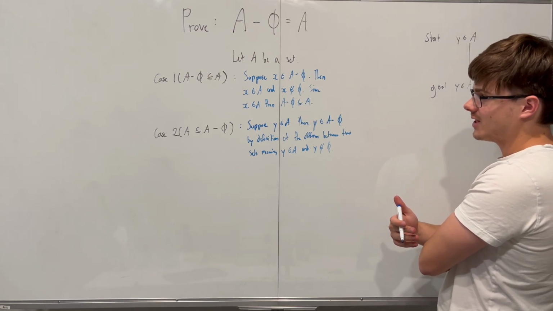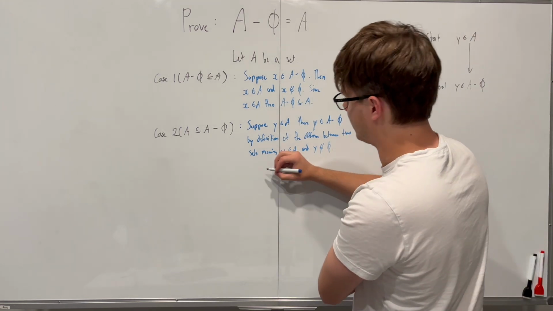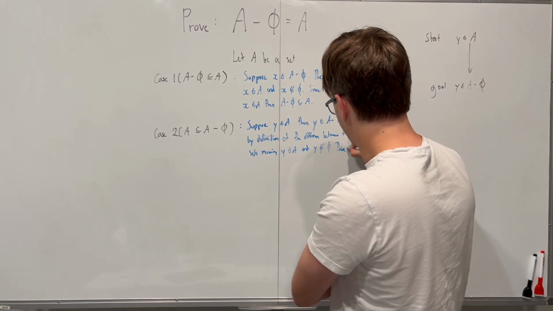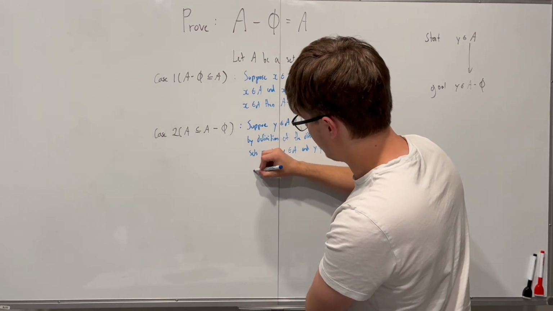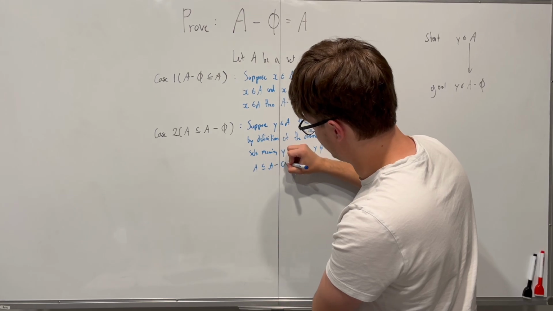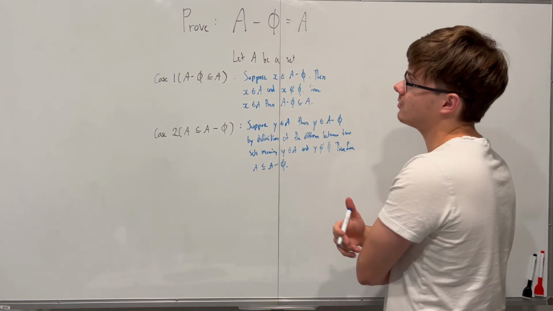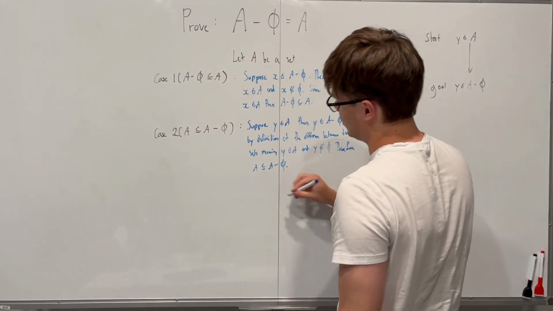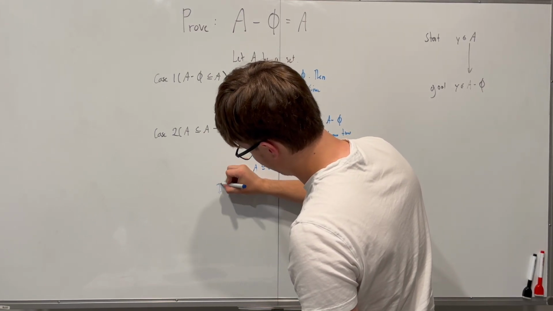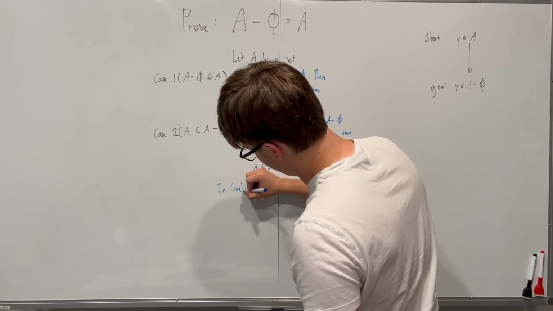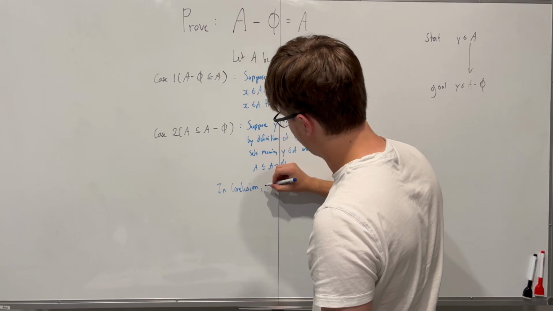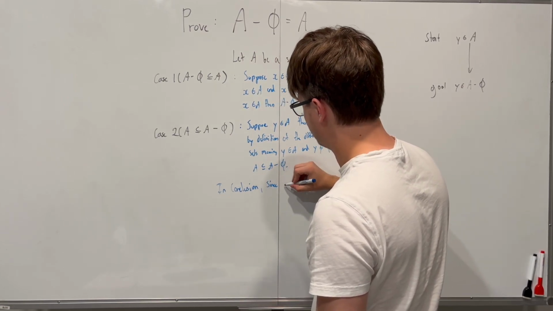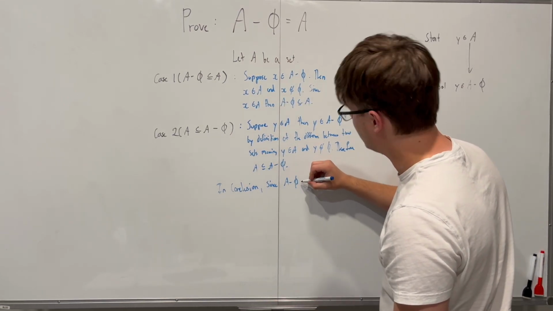So now I guess we could just, oh yeah, we need to conclude that. Therefore, A is a subset of A minus the empty set. Fantastic. Now we can conclude that since this is true and that's true, this is true. So we can say, in conclusion, since A minus, I want to say theta.